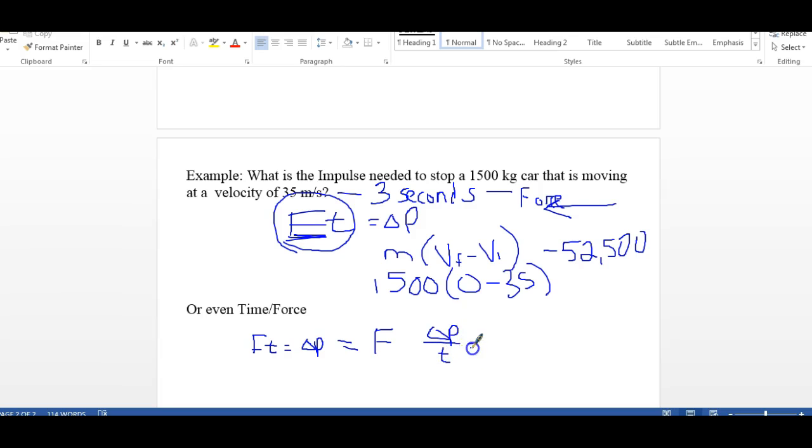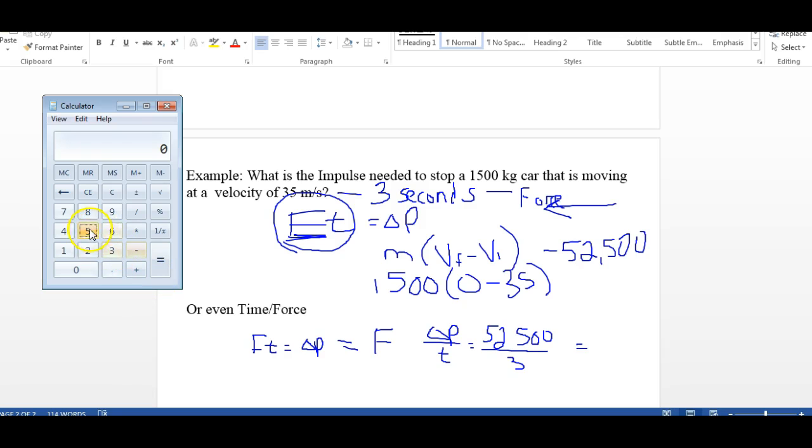We already calculated the change in momentum, which is 52,500, and then we just need to divide it by 3 seconds. 52,500 divided by 3 is 17,500. This is a force, so it's going to be newtons. Okay, so that's how you do the force part.